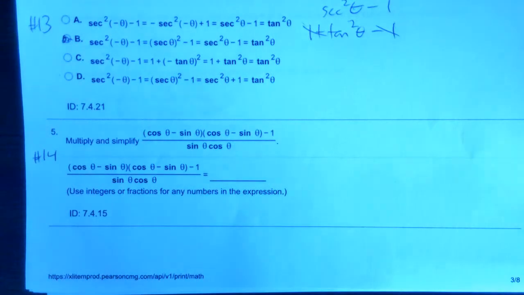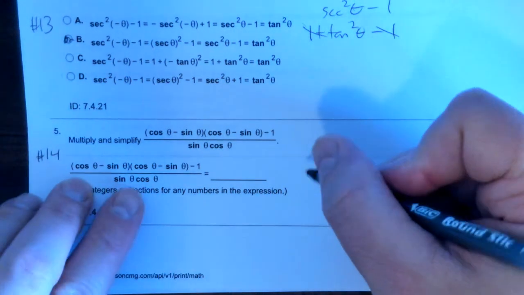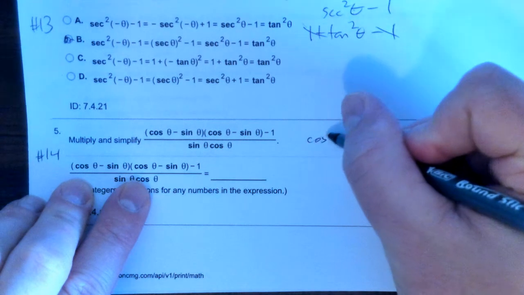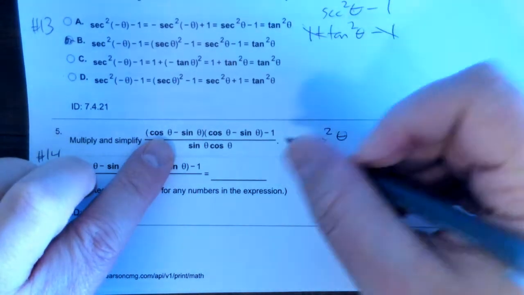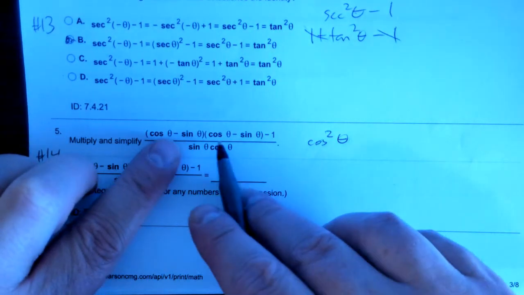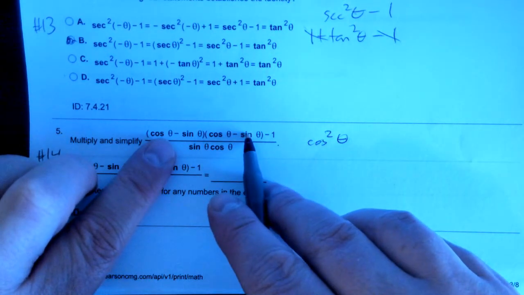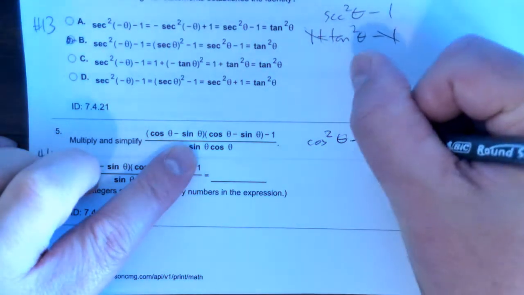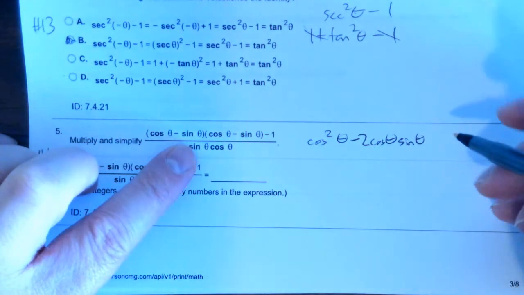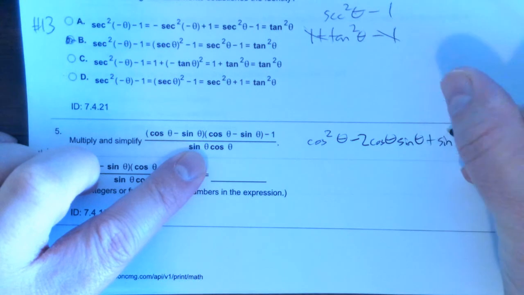Okay, number 5, on this one they want you to multiply and simplify it. So you've got cosine squared, these are both negative, so you have negative cosine sine minus another one gives you 2, and then plus sine squared.